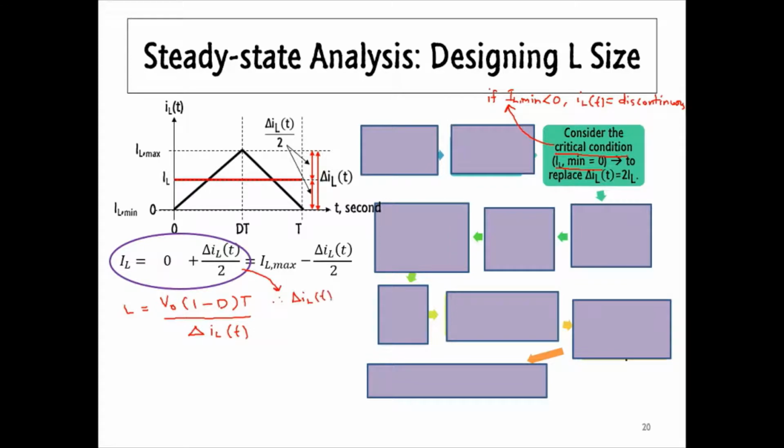Thus, the ripple inductor current is now equal to 2IL. And therefore, we can rewrite the inductor equation as follows.